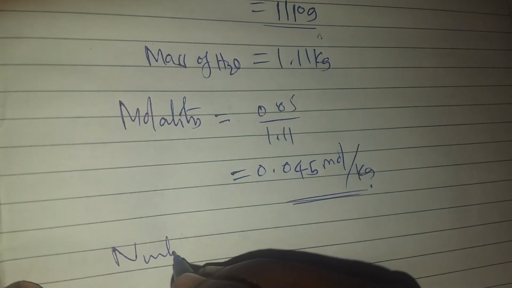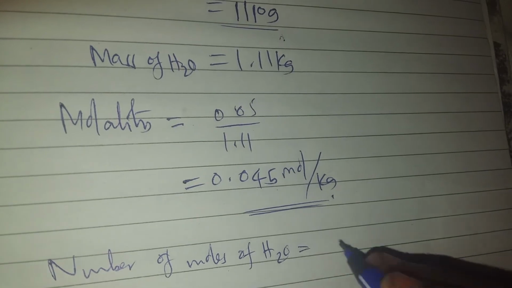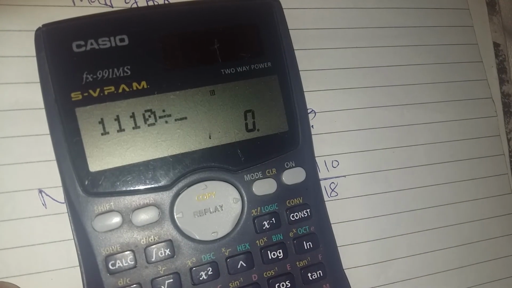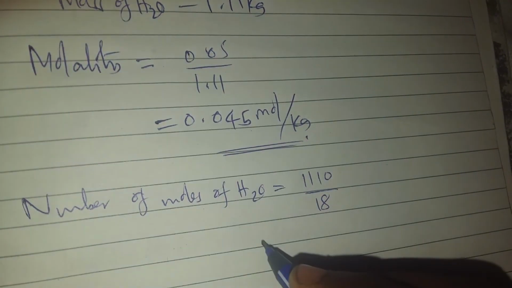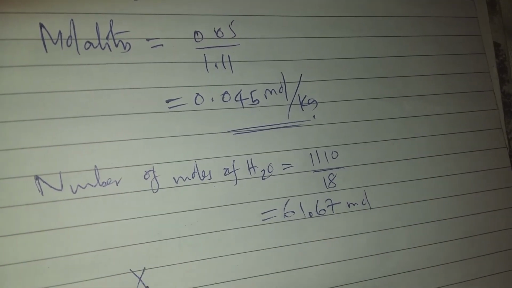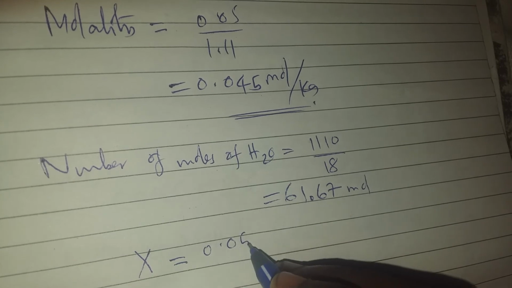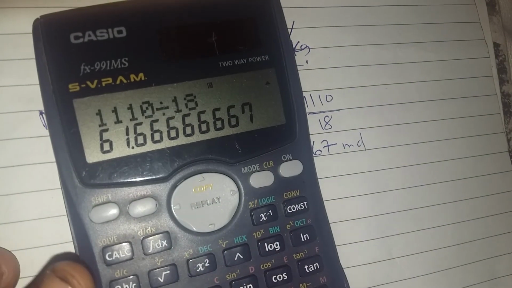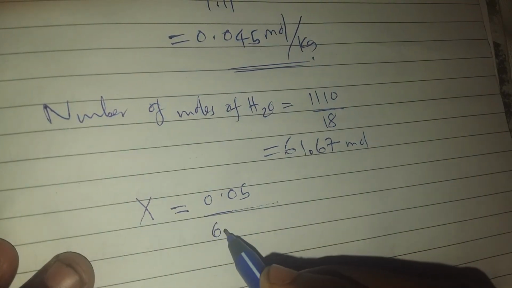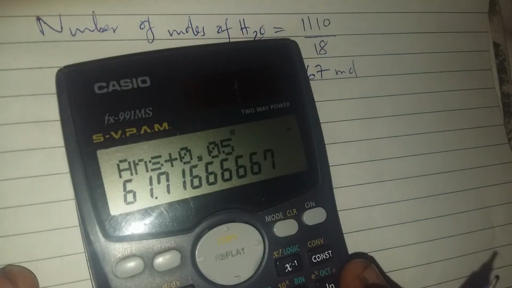Now number of moles of water will be 1110 divided by 18, we get 61.67 mole. So the mole fraction of the solute will be 0.05 mole divided by 61.67 plus 0.05, which gives 61.72.